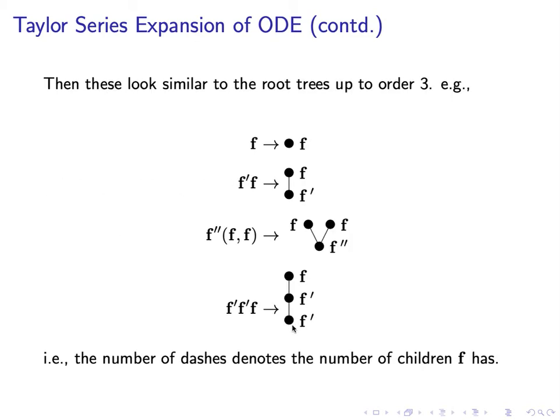So on the bottom our root node is f dash, which has one child. That child also is f dash and also has one child, f. These are the 4 rooted trees up to and including order 3. There are no other rooted trees in that set.